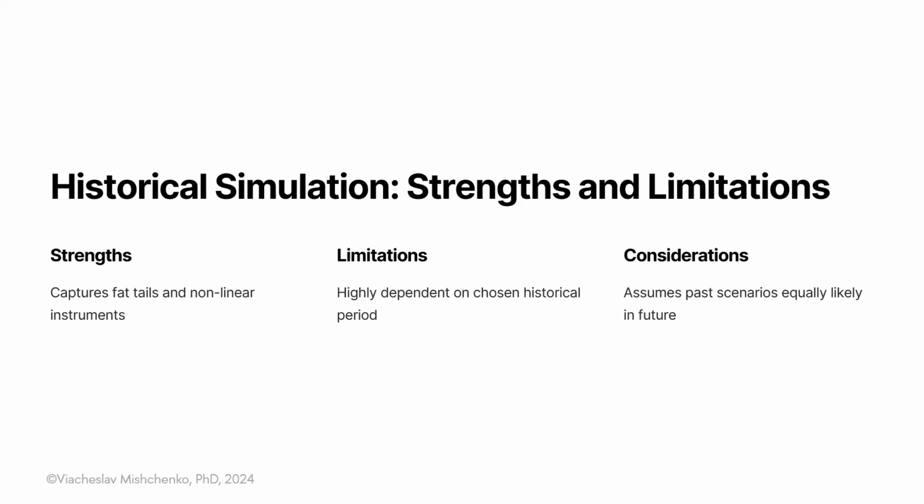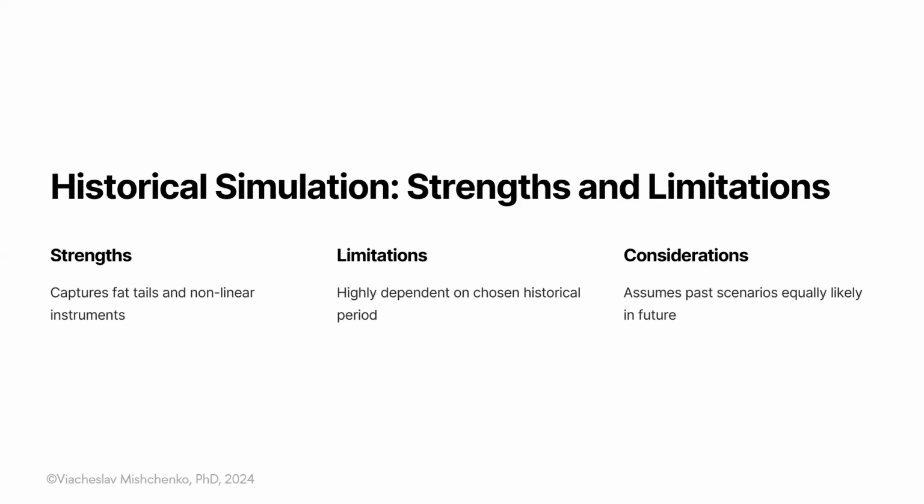Another thing I should tell you is that if the chosen historical period is too short, for example, then we might miss important tail events. So we might underestimate the fat tail of the historical distribution. If it's too long, then we might include outdated data that is no longer relevant to current market conditions.